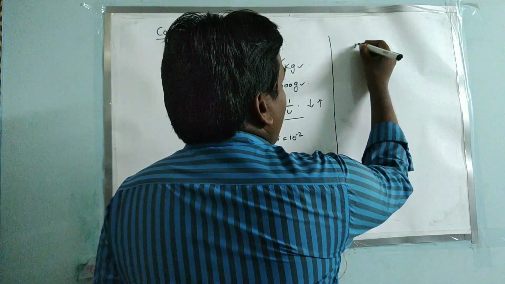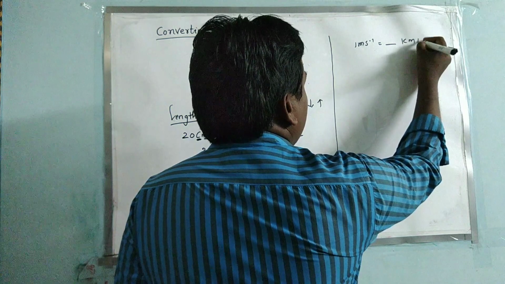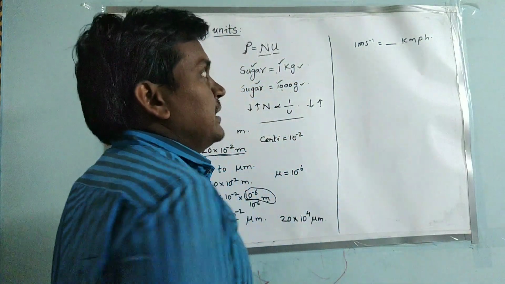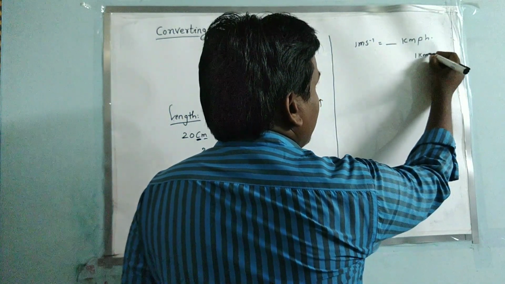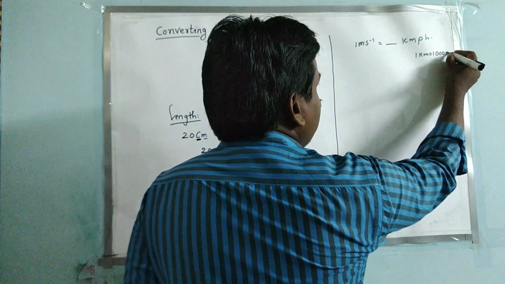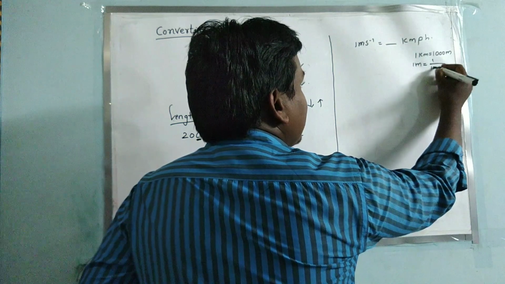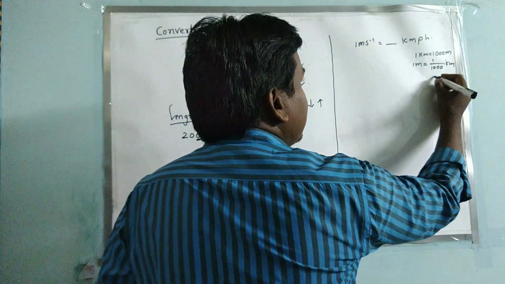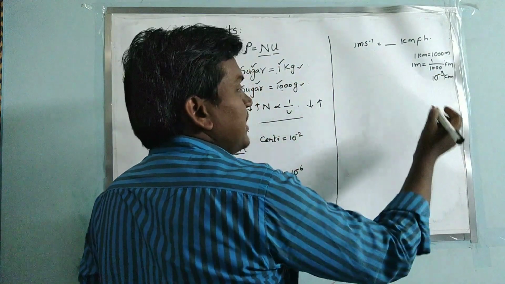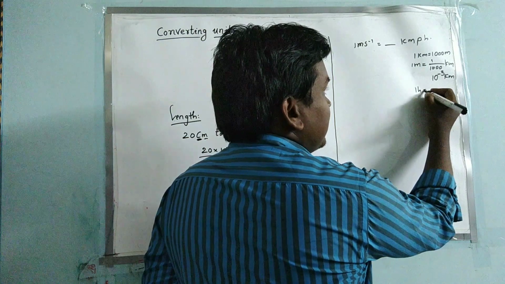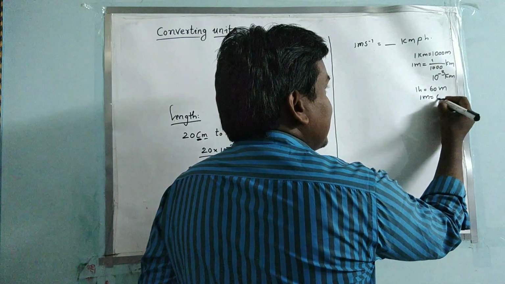First I am considering 1 meter per second is equal to dash kilometer per hour. For this, already we know that 1 kilometer is equal to 1000 meter, and 1 meter will be equal to 1 by 1000 kilometer, or this can be written as 10 to the power of minus 3 kilometer. In the same way, we know 1 hour is equal to 60 minutes and 1 minute equal to 60 seconds.